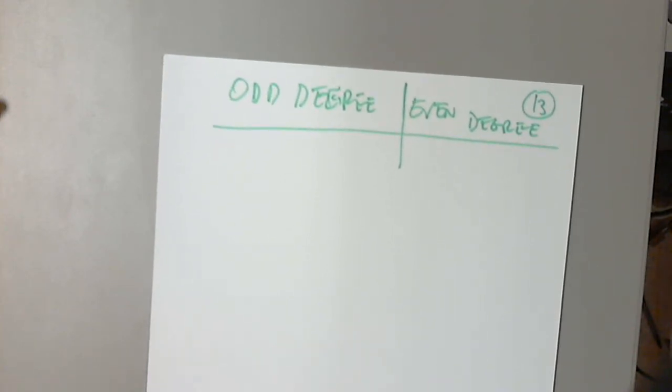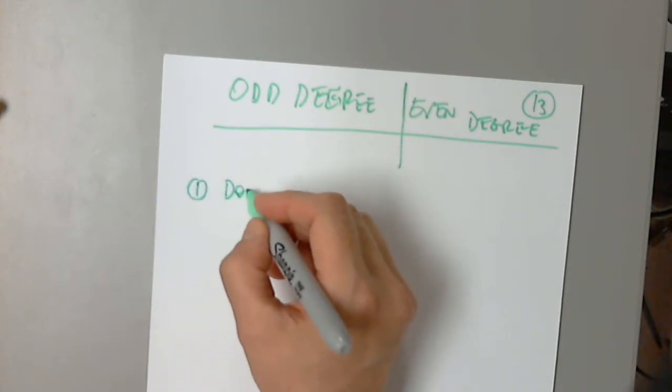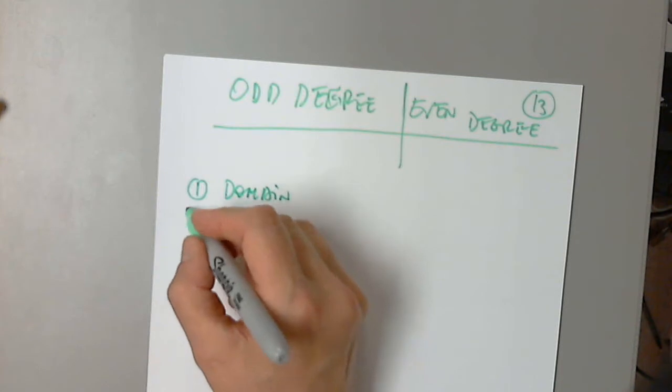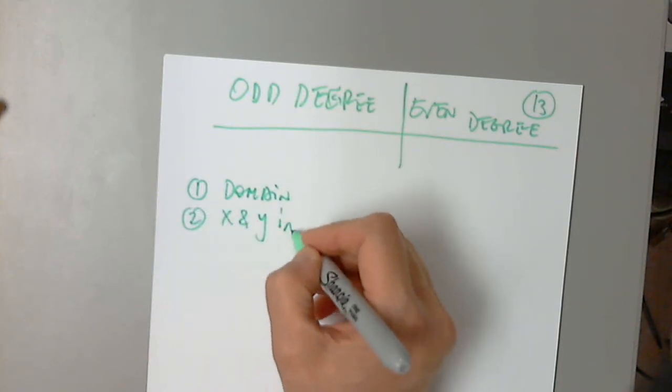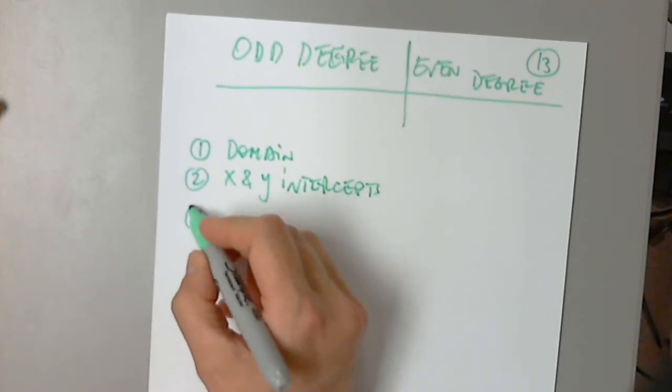So, what is required, first of all? Number 1, domain. Number 2, x and y intercepts. Number 3, max min.